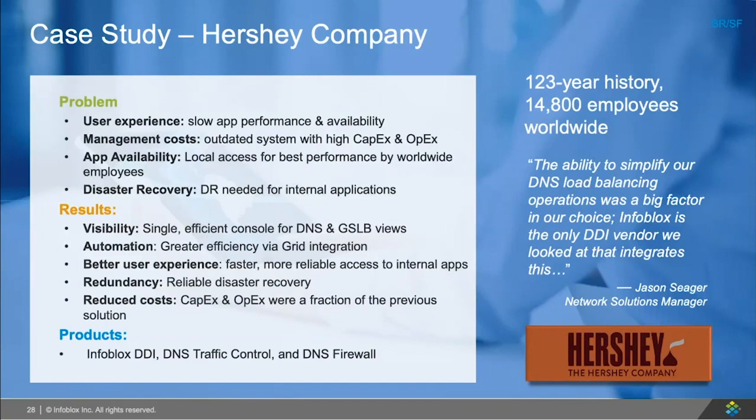A few other things he had commented about was that he wanted somebody with at least a 50% market share. He wanted ease of use, ease of upgrades, and a DDI vendor that integrated both IPAM and GSLB. He said he also chose Infoblox because he needed to be able to provide DR services for his applications, as well as being able to protect them from DDoS and exfiltration attacks.